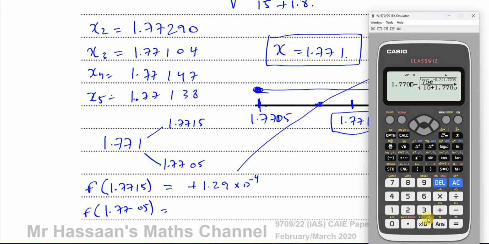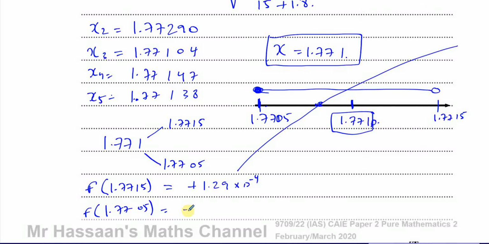All right, hopefully this will give us a negative value, and it does. Okay, so you have negative 1.10 times 10 to the power of negative 3 this time.